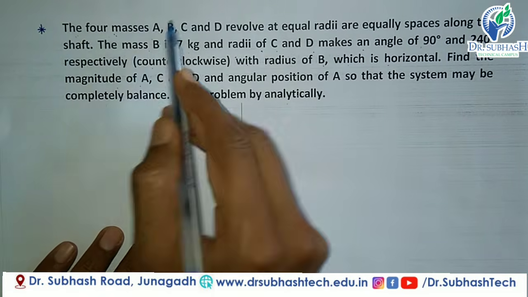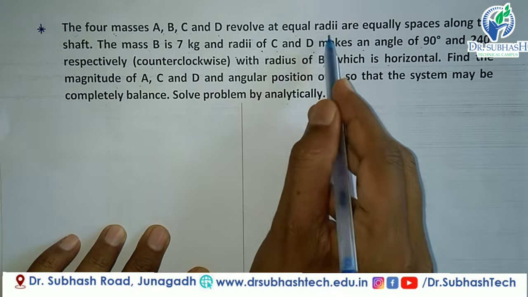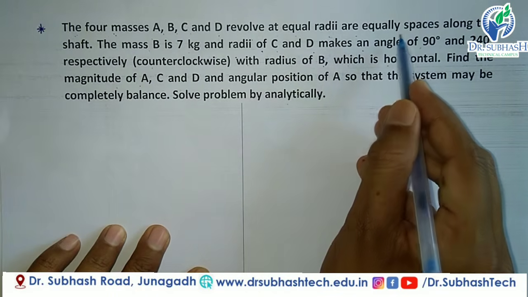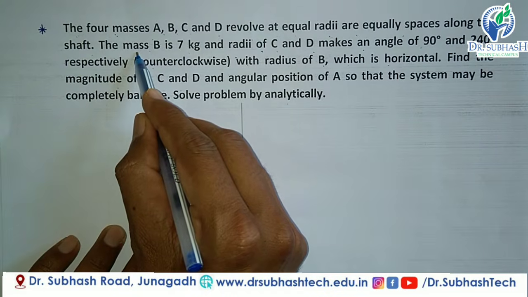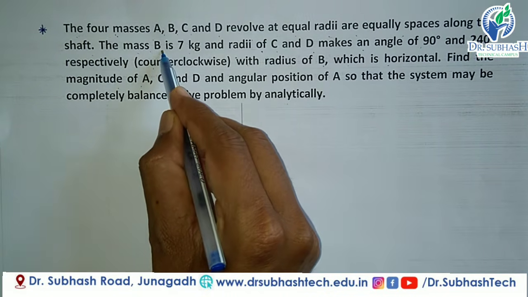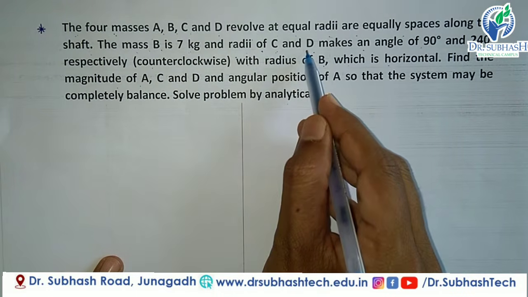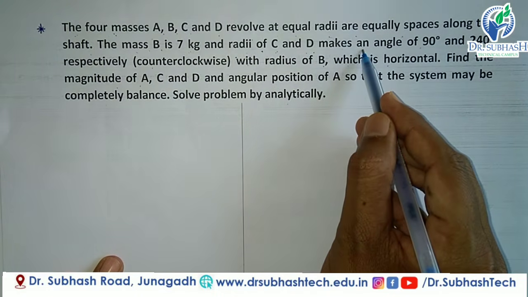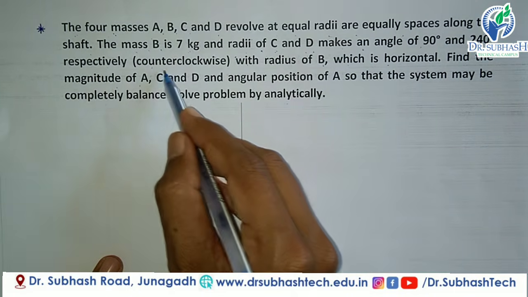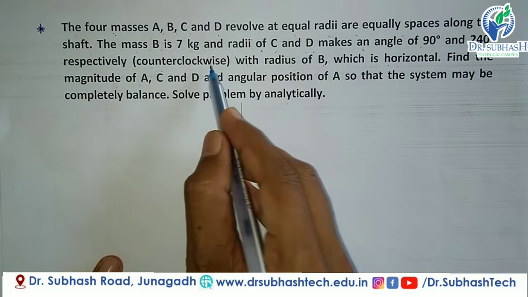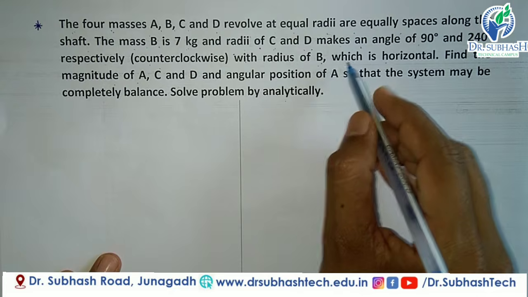The four masses A, B, C and D revolve at equal radii and are equally spaced along the shaft. The mass B is 7 kg, and the radii of masses C and D make angles of 90 degrees and 240 degrees respectively, in the counterclockwise direction, with the radius of B, which is horizontal.